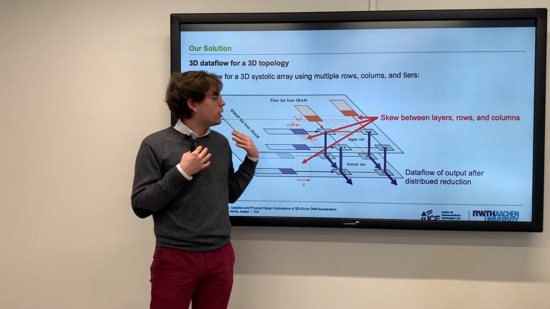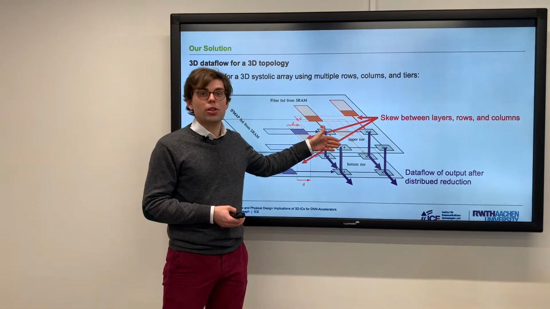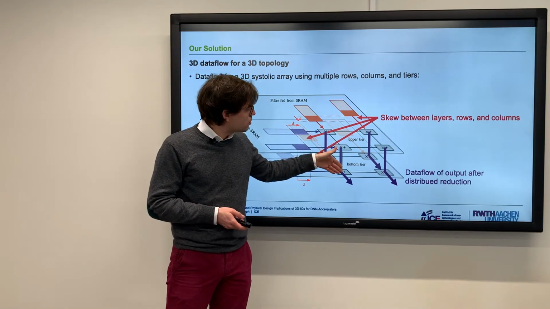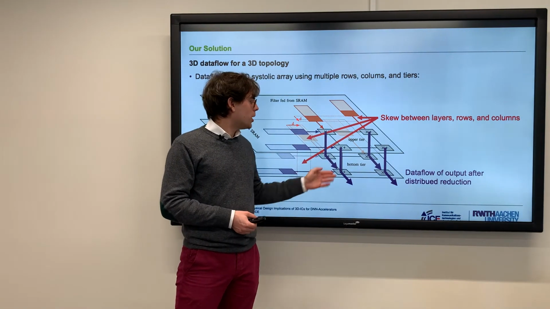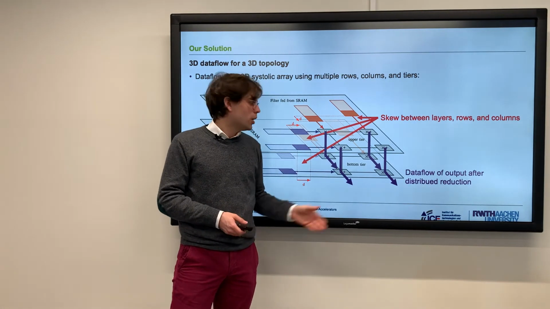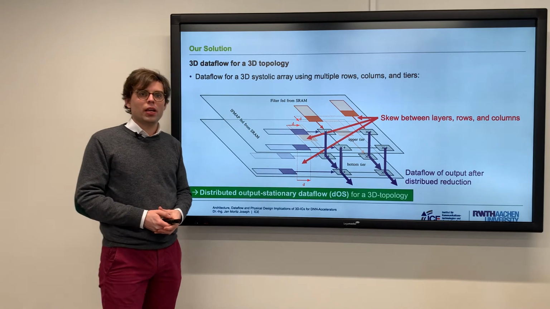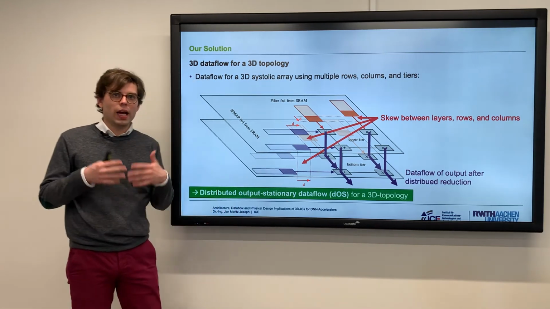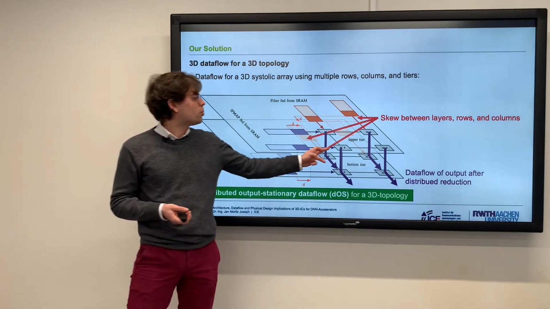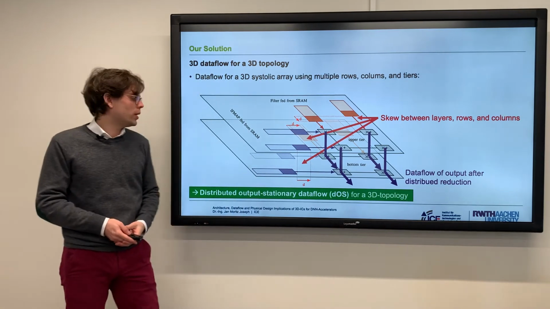And then the final output of your data flow looks like that: your data flows from the topmost MAC unit to the bottommost MAC unit, doing a reduction in the third dimension, and then they flow out at the bottom to your output SRAM as shown in the first image. And we call this a distributed output stationary data flow because it is an output stationary data flow, as the output is generated in each of the MAC units, but it is distributed among 3D dies.